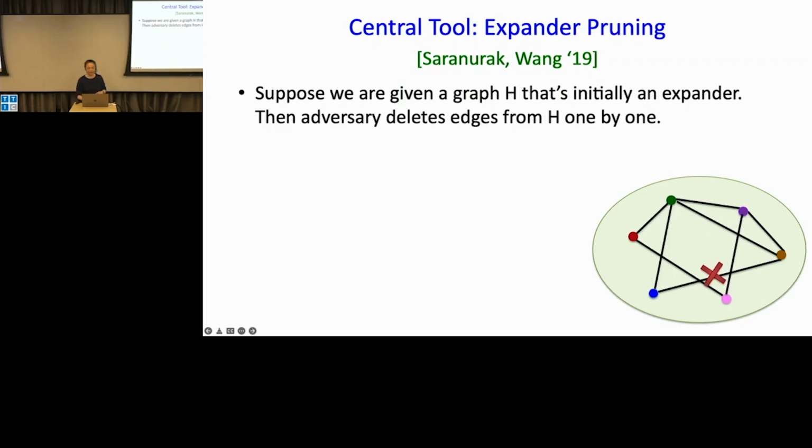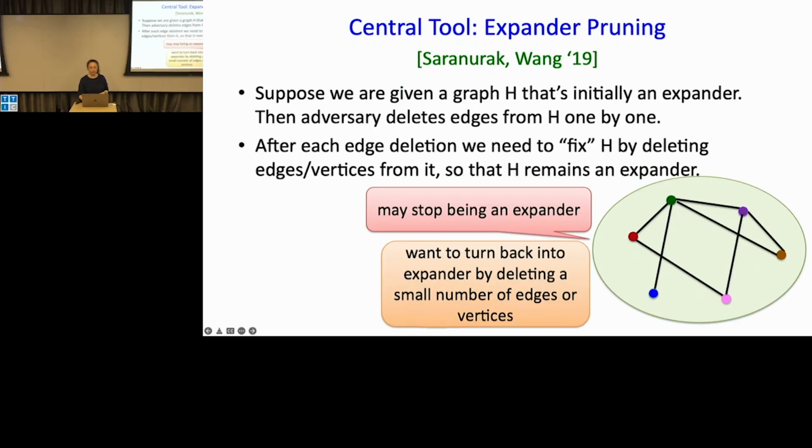So maybe this is the first edge that the adversary deletes. Now, once an edge is deleted from this graph, maybe it stops being an expander. So our goal is to turn it back into an expander. And to do this, we're allowed to delete some vertices and their incident edges from the graph. So in every iteration, the adversary deletes one edge. We need to prune this graph by deleting some vertices, to turn it back into an expander.